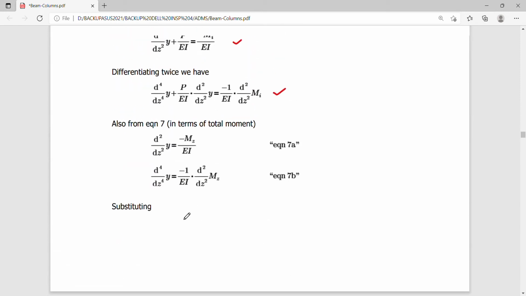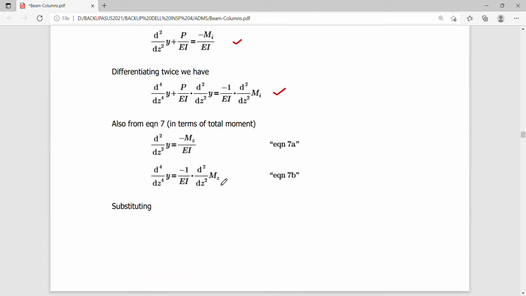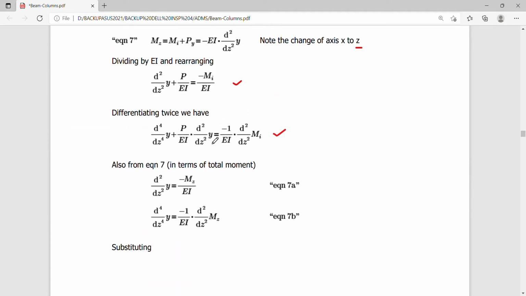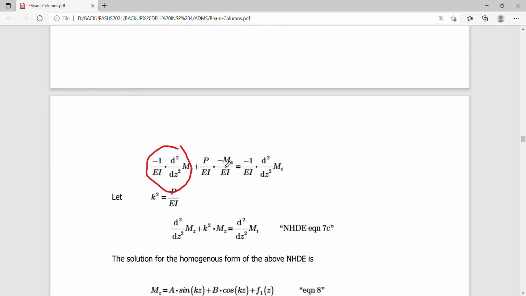So the fourth derivative of y is simply the second derivative of the moment here, while the second derivative of y is simply the moment over EI here, where P over EI here is a coefficient from the differential equation.